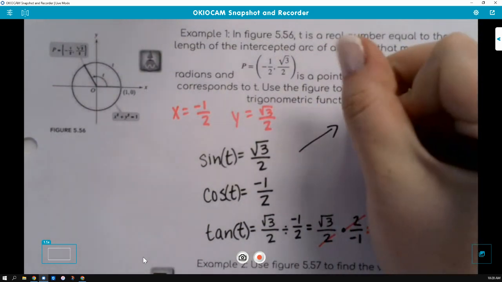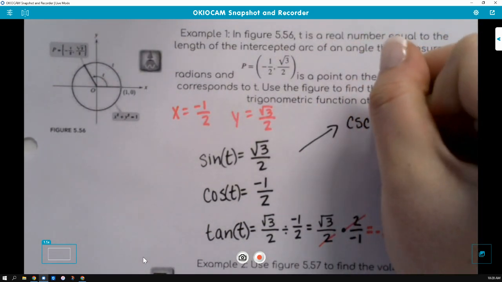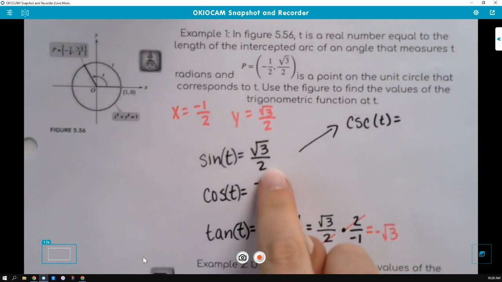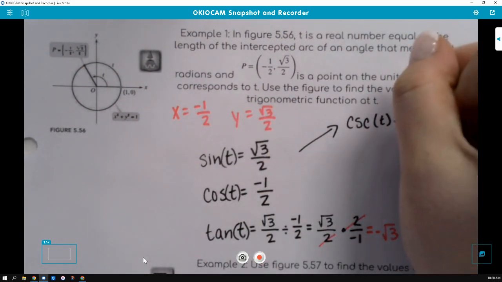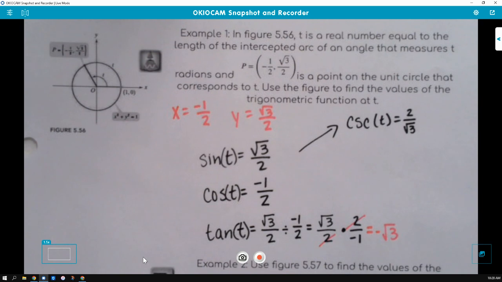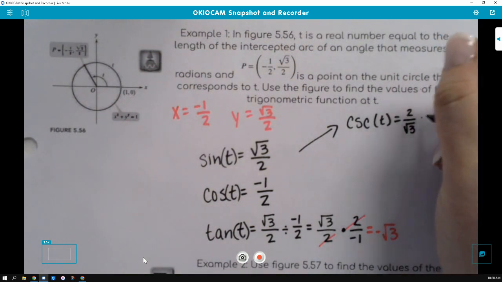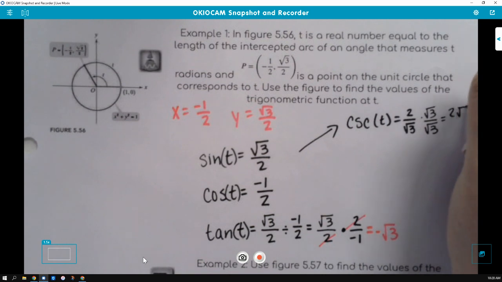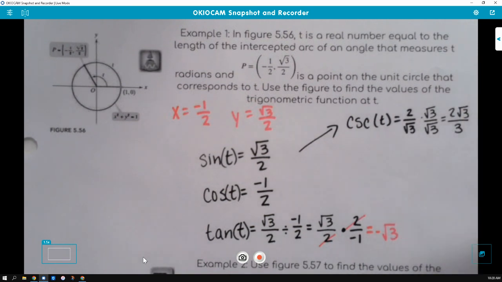Okay, then let's do our reciprocals. So cosecant of t is going to be 2 over square root of 3. So we'll have to rationalize that denominator, except maybe not in MathXL, turns out. So I multiplied by rad 3 over 3, which gave me 2 rad 3 over 3.